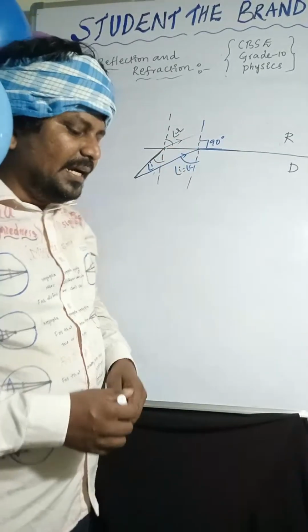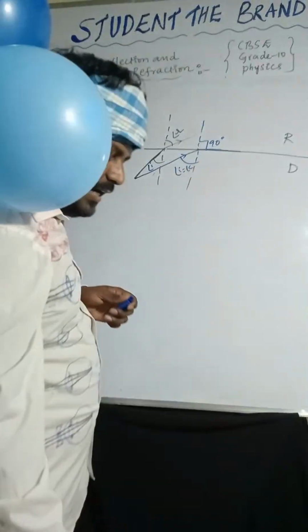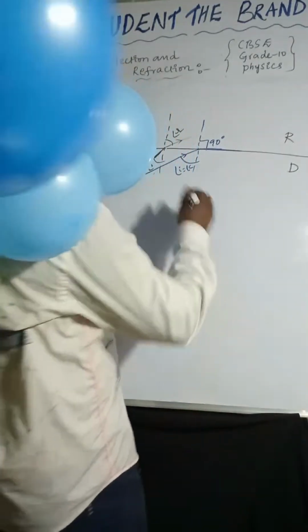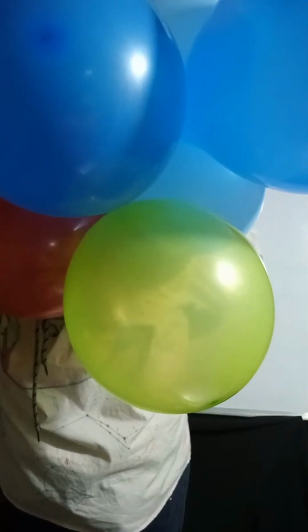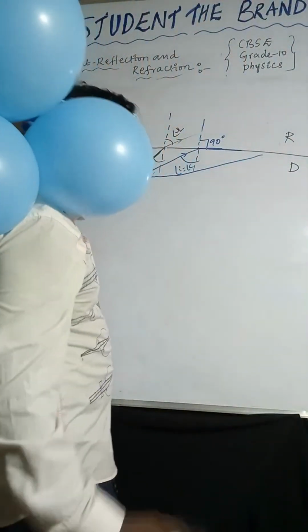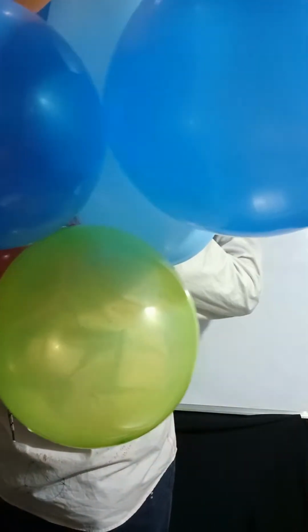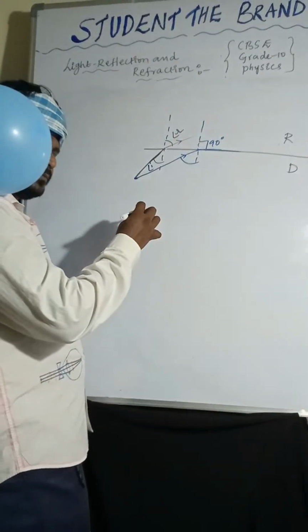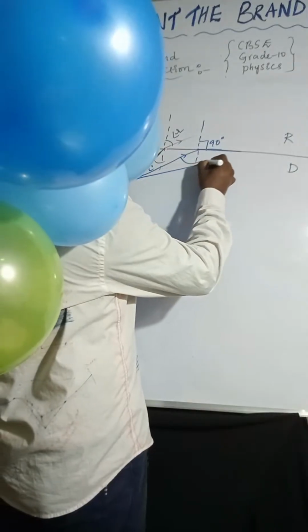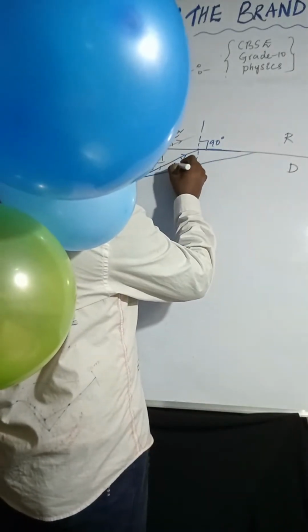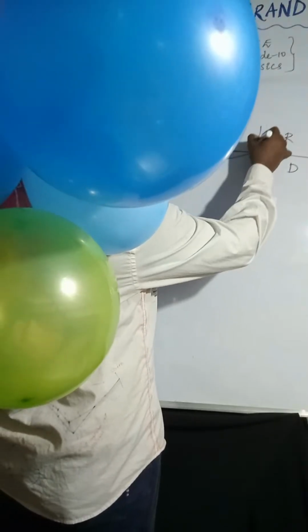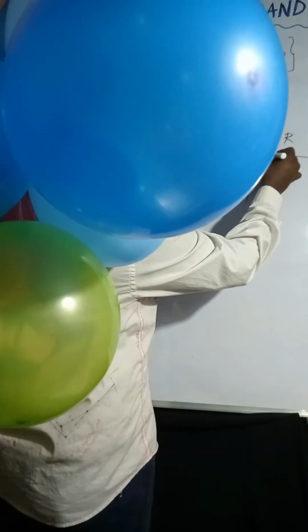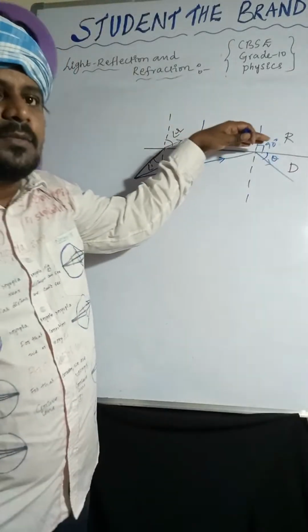Same here, if the light ray is passing from denser to rarer, the refracted ray makes more than 90 degrees.